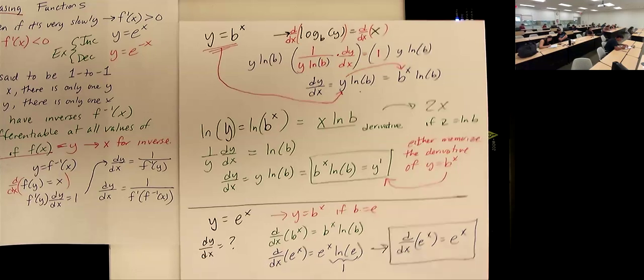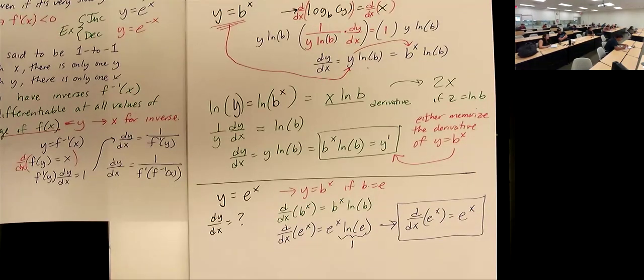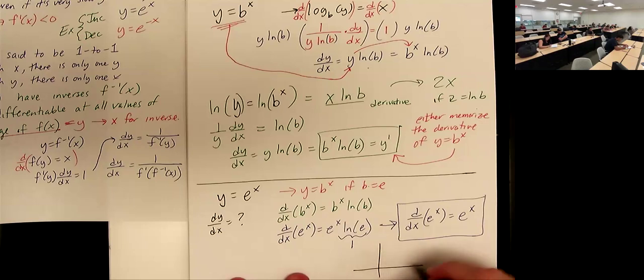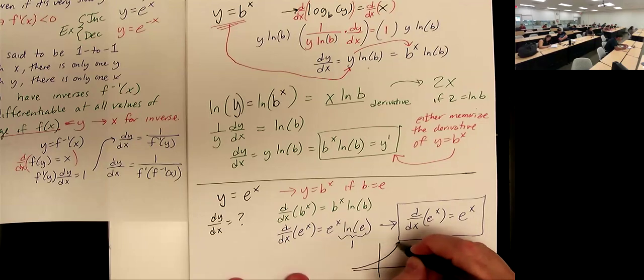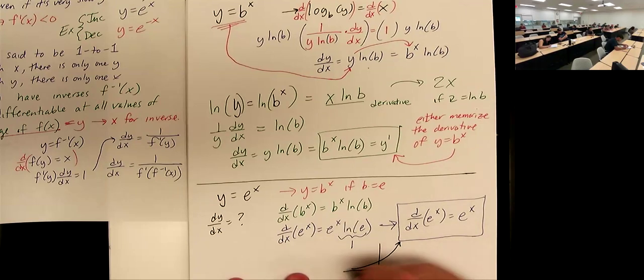This is crazy, because when you think about it, e to the x looks like this, and we're saying the slope of this curve is exactly equal, at each point, to the original curve itself. That's deep.